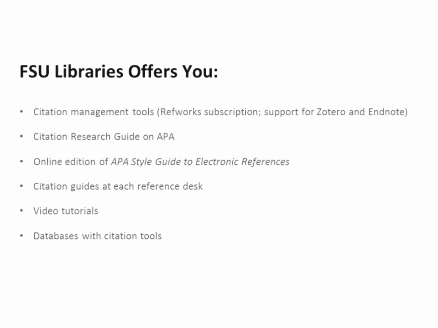So if you want to hold a book, I like holding books, you can always go and get one of those guides. We have created a bunch of video tutorials that detail how to cite and different things about formatting. And we also offer databases that have built-in citation tools, and that is what I'm going to show you right now.